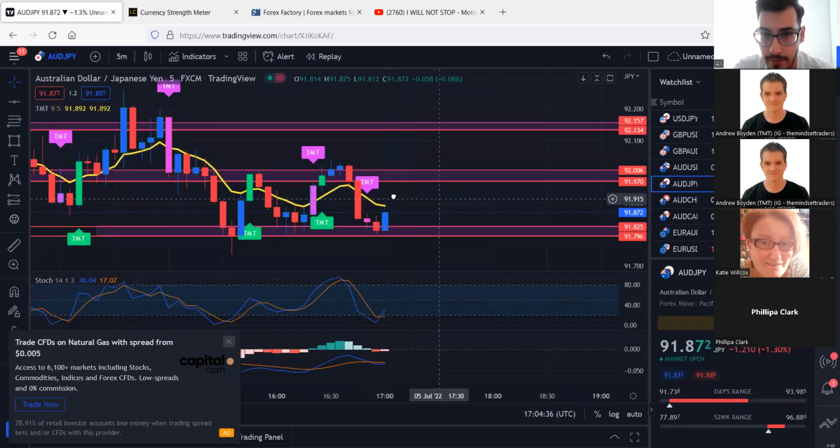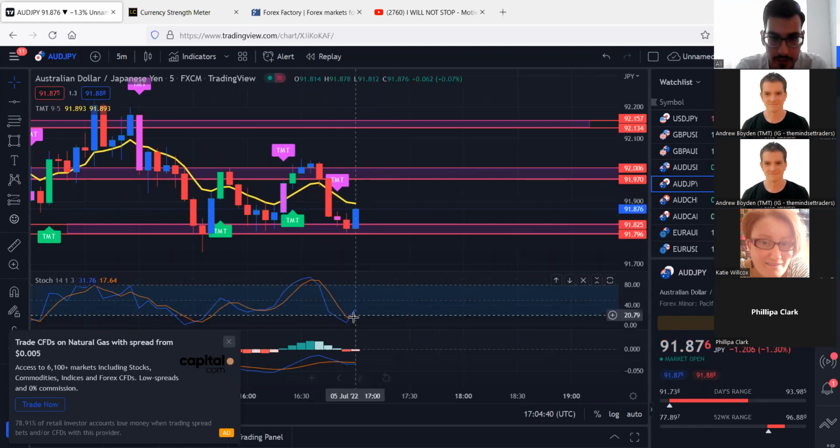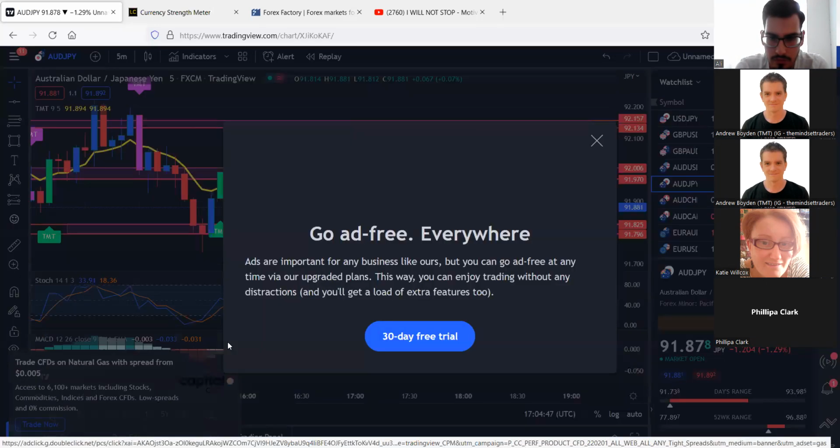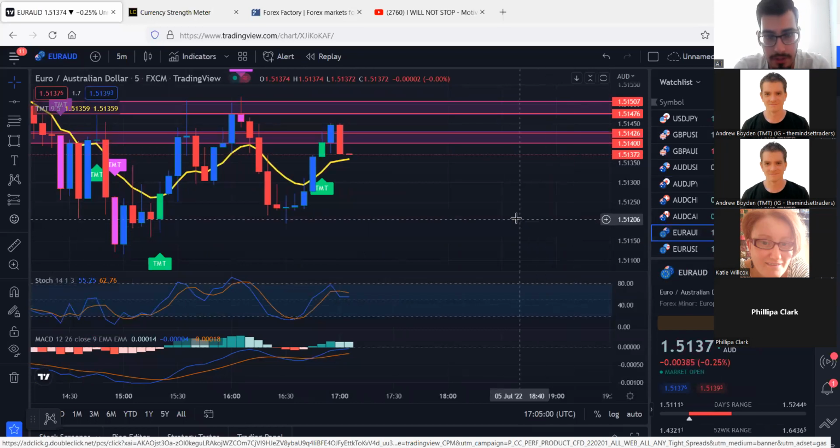So does AUD JPY. So pretty much my strategy was correct. Everything was there. The stochastic was there. The MACD, not quite, but that's fine. It hit our area, the support and resistance. It didn't give us the label, the green label, but that's fine because we got support from the hourly time period.